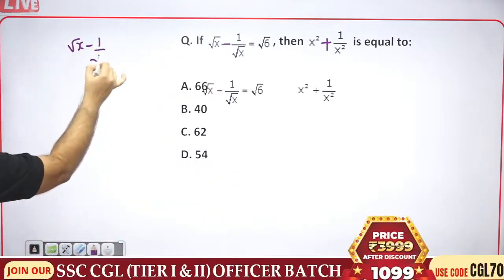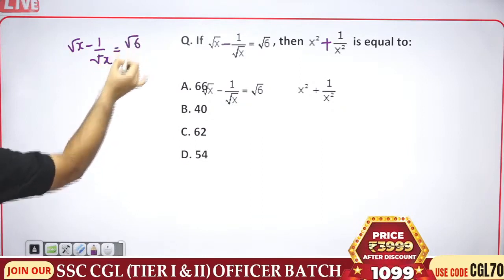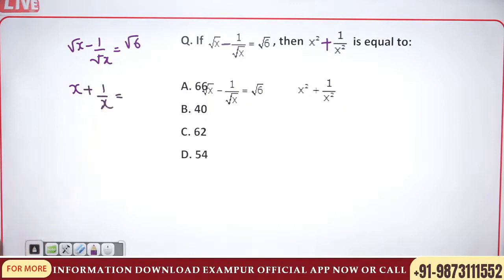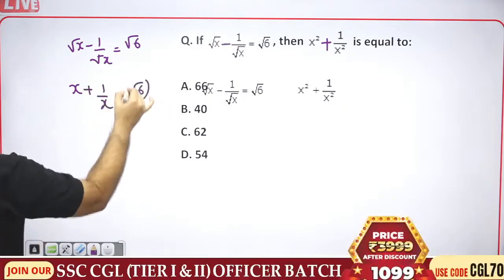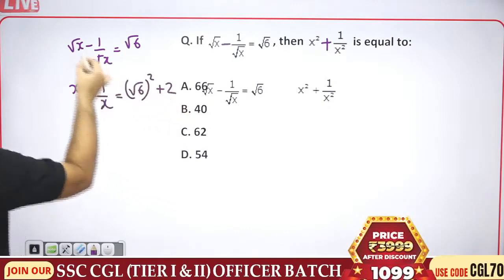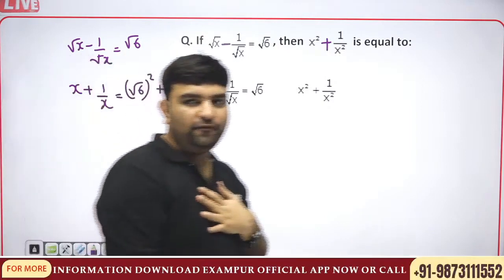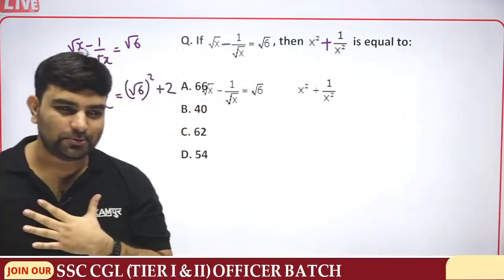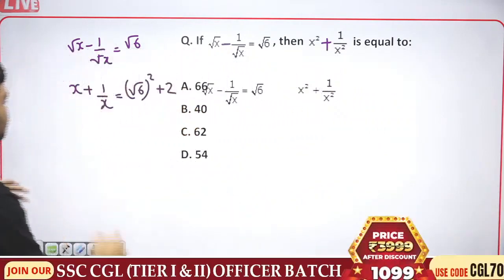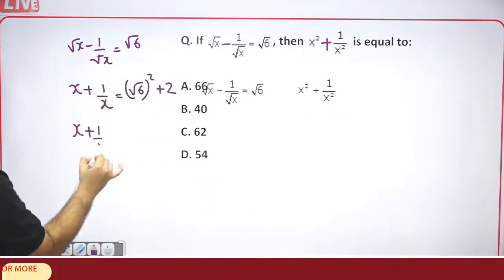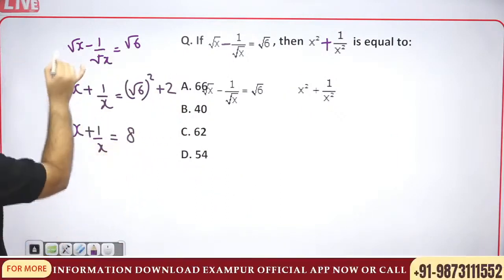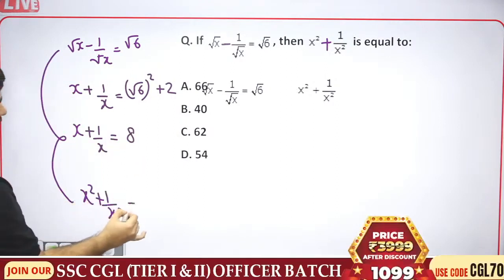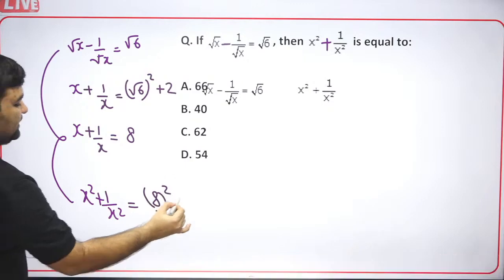From minus, squaring it once, it will become root 6 square plus 2. Because if you make from minus to plus, then it is quite far. So x plus 1 upon x is 8. And from plus, if you again do the squaring, it is a square minus 2.